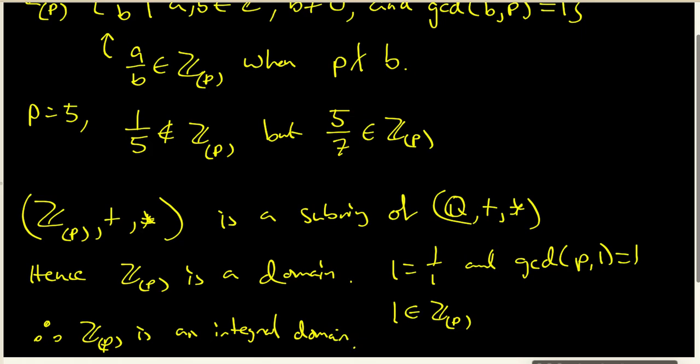Now we have one more rich set of examples of integral domains that are not fields, and those are our polynomial rings. And so I want to also look at the polynomial rings.